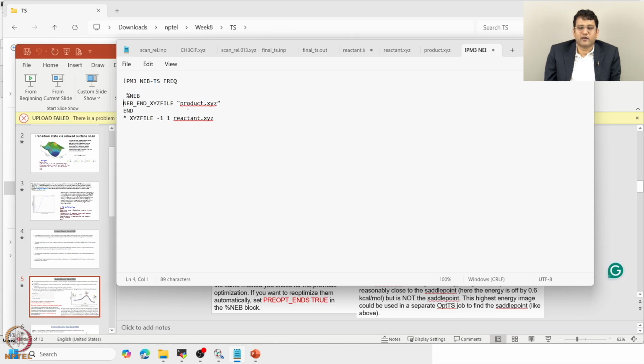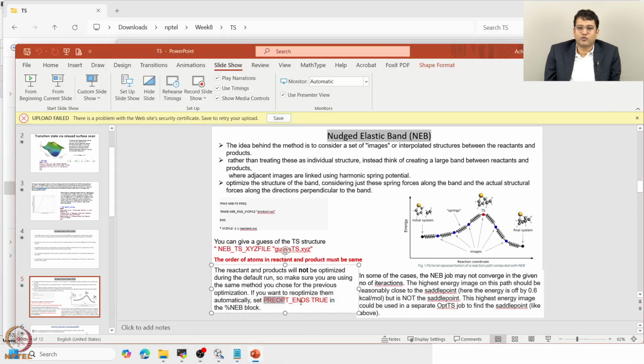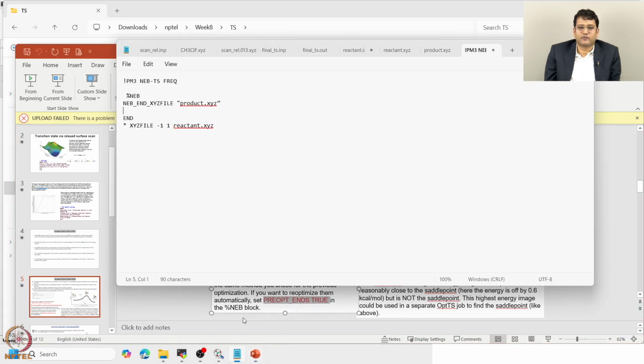The percentage NEB block gives the NEB end XYZ file, which will be my product.xyz. I have saved my product structure as product.xyz, and my starting structure is reactant.xyz, that I have also saved. So the only problem is that none of them is optimized at the PM3 level. So what I should do is give this keyword PM3 optend equal to true.